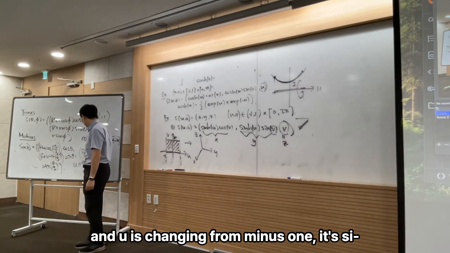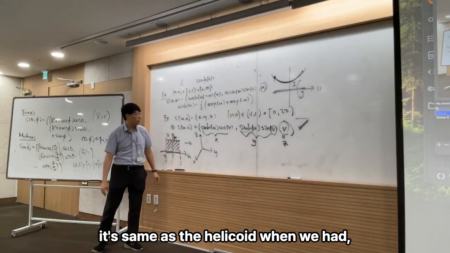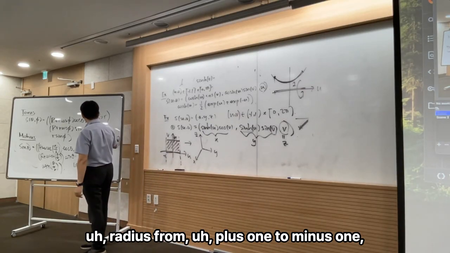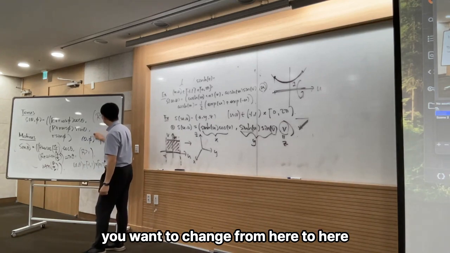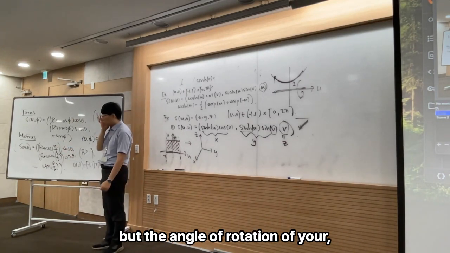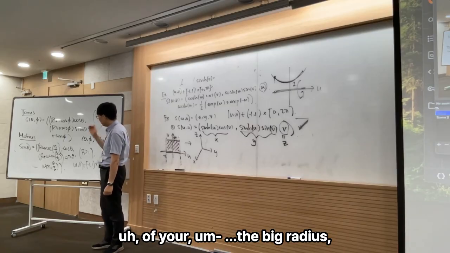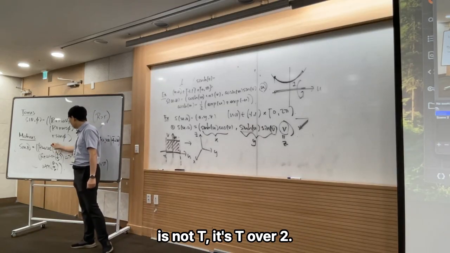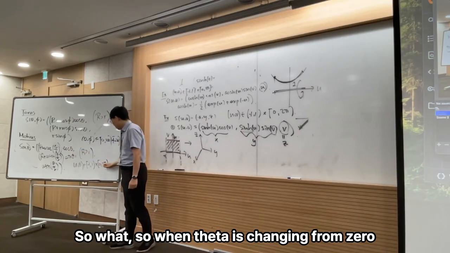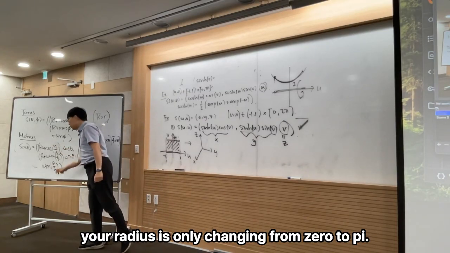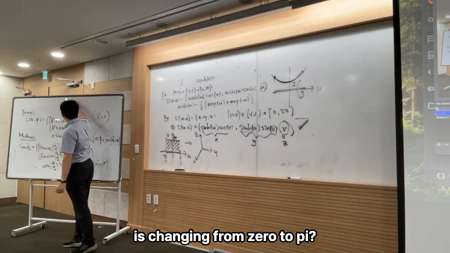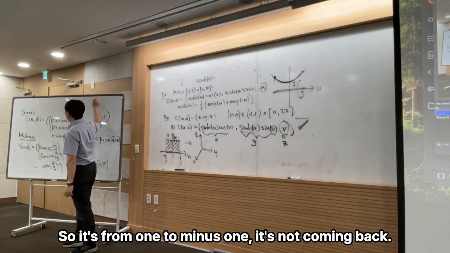And u is changing from -1 to 1. It's the same as the helicoid when we had radius from +1 to -1. You want to change from here to here. But the angle of rotation is not t, it's t over 2. So when theta is changing from 0 to 2 pi, the angle is only changing from 0 to pi. So what happens when the cosine goes from 0 to pi? It goes from 1 to -1. It's not coming back.